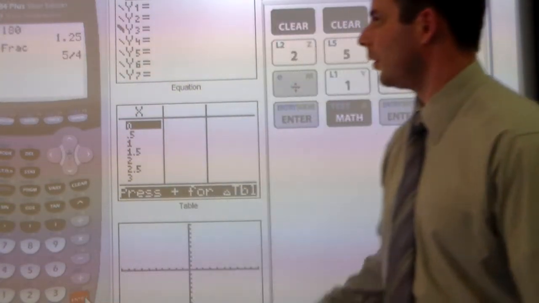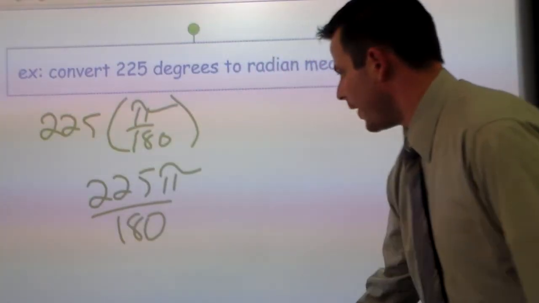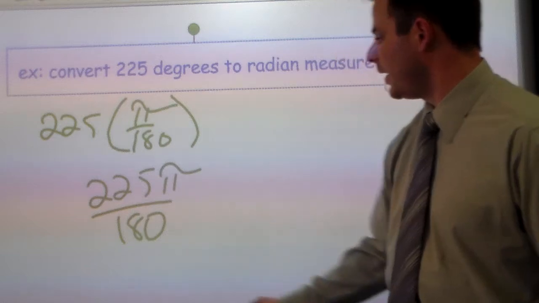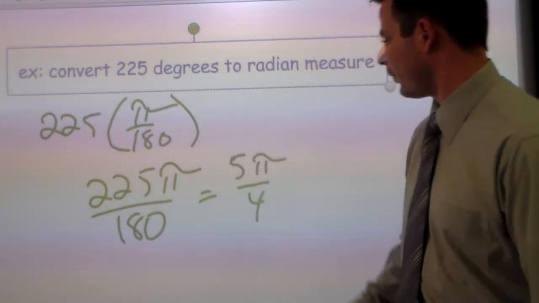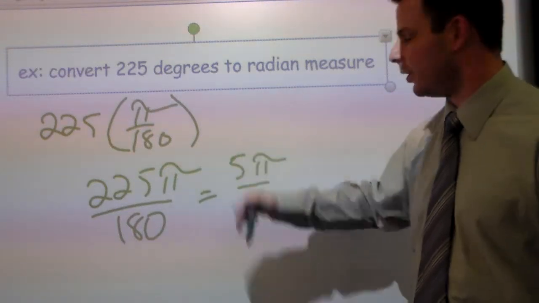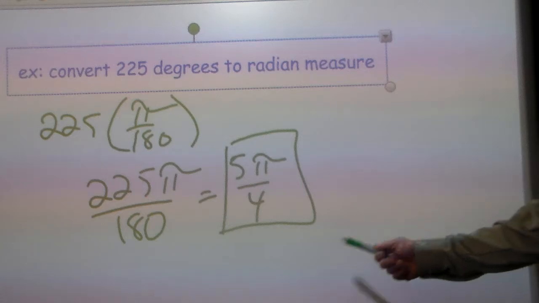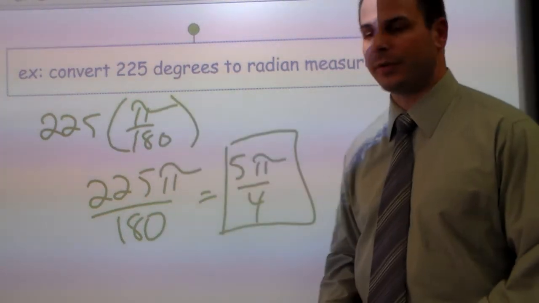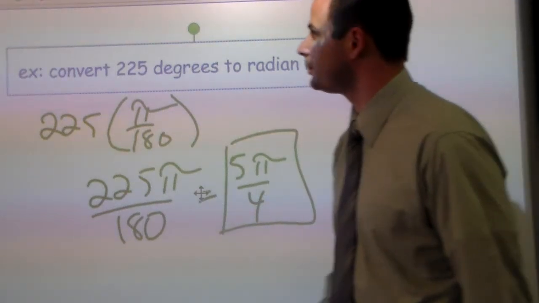And then it'll tell you 5 over 4. So that means 225 over 180 is 5 over 4. So this is 5 pi over 4. Whatever you get in your calculator, just stick a pi in the numerator. So 5 pi over 4 radians is equivalent to 225 degrees.